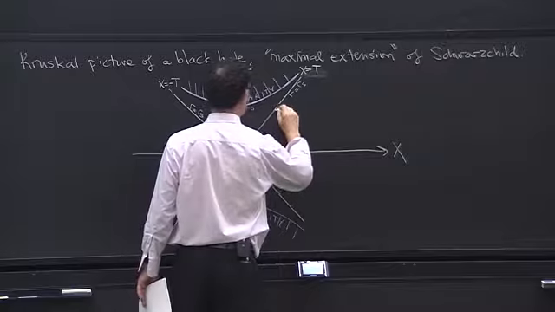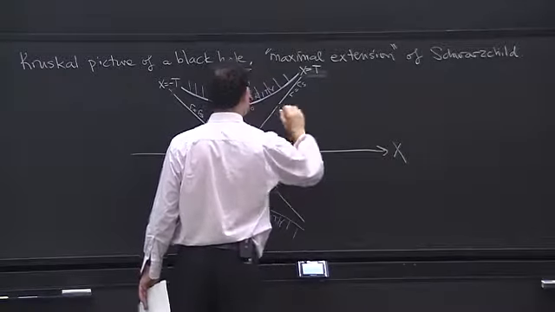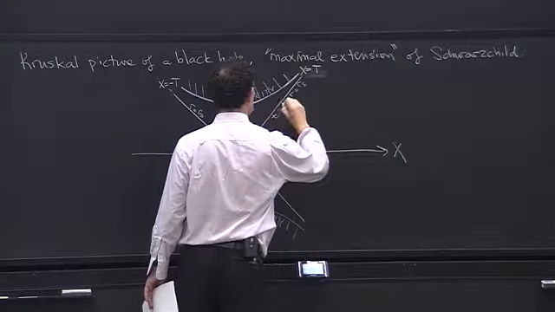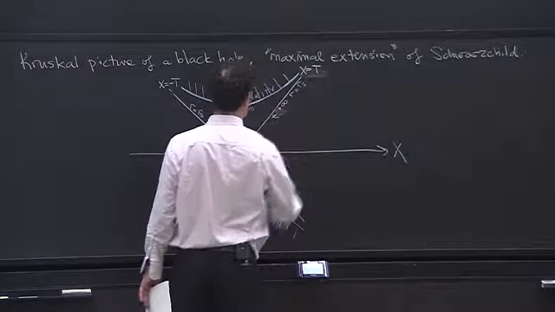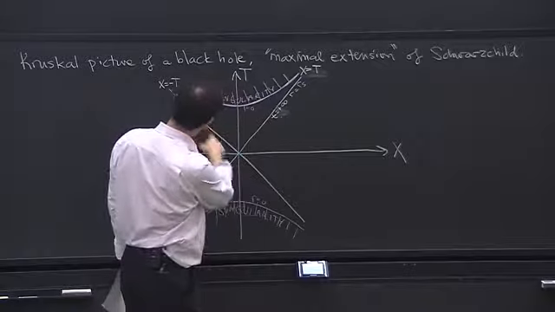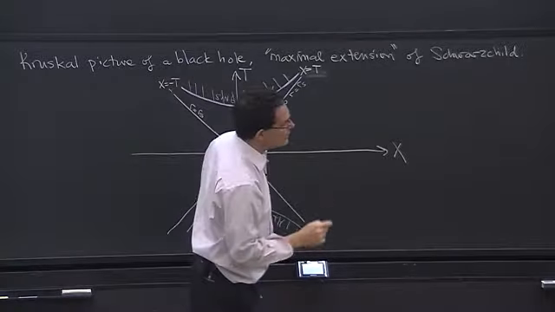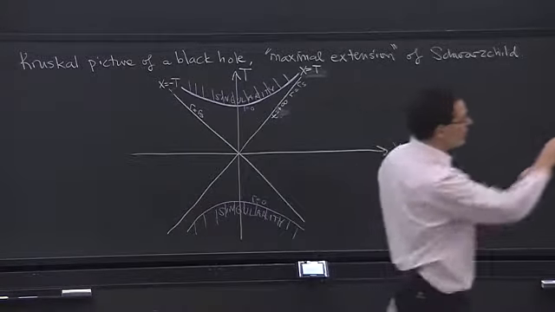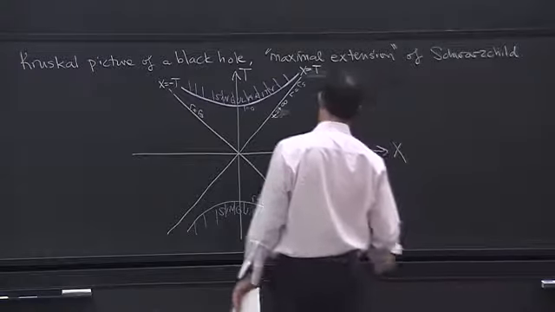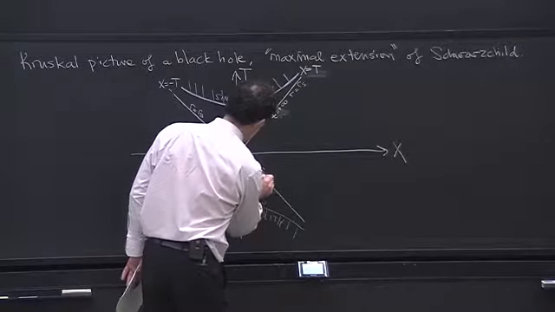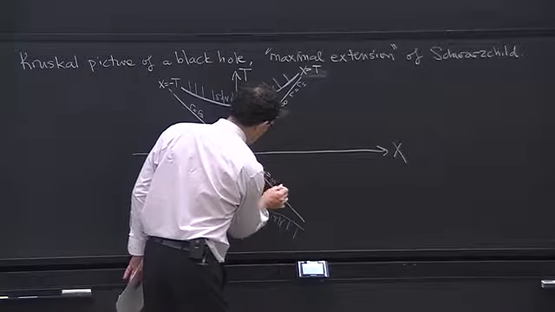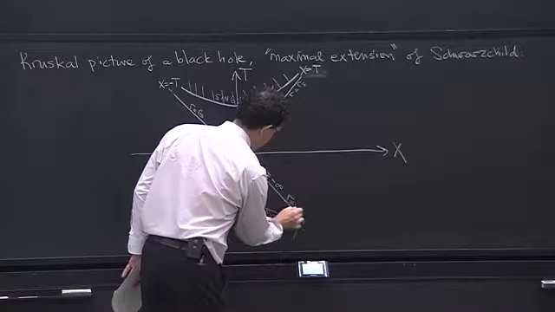As you approach this line, this line is actually t equals plus infinity. And conversely, if capital X goes to minus capital T, then the numerator goes to 0, so the log goes to minus infinity. So this line is t equals minus infinity, r equals rs.